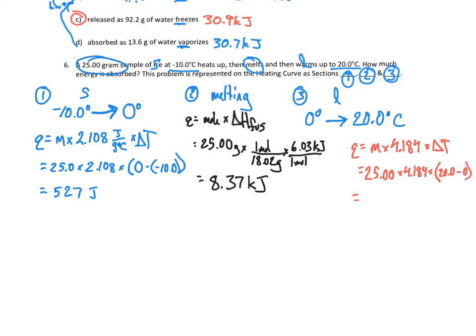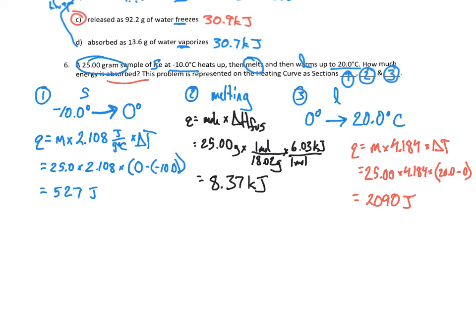So 25 times 4.184 times 20, to 3 sig figs, gives me 2,090 joules.